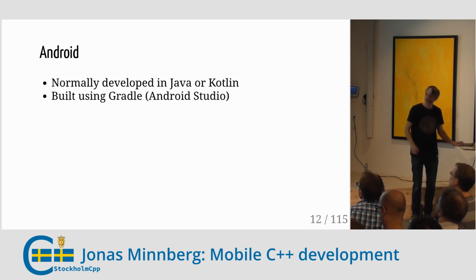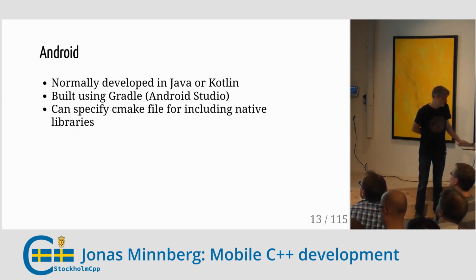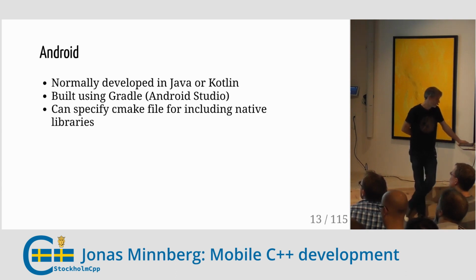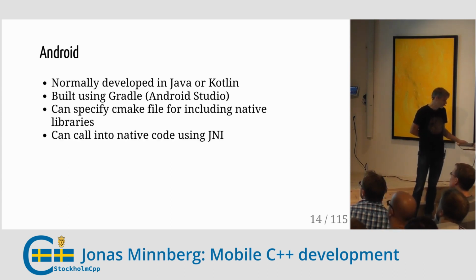You build using Gradle, or Gradle is the stuff that Android Studio uses. You can build it from the command line or directly from Android Studio using a Gradle build file. And in this file, you can specify a CMake file to include, and it will just use that and build the native libraries and link those. And then you can call into this code using Djinni. And I guess some of you know Djinni.